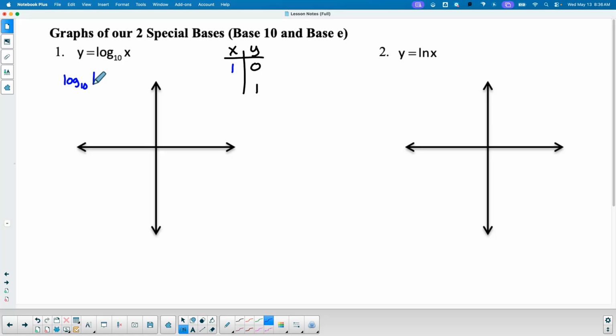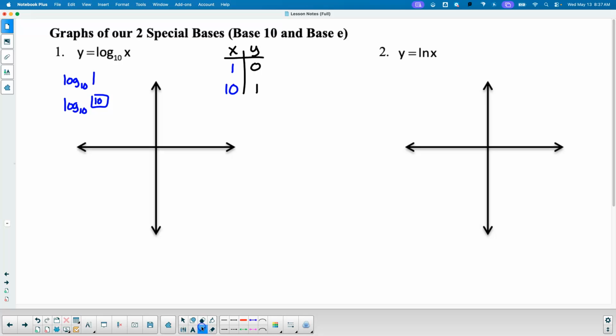What's going to make this be 1? 10, right? If I fill that box with 10, my exponent then is 1.